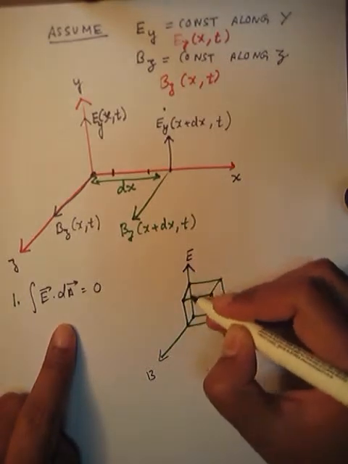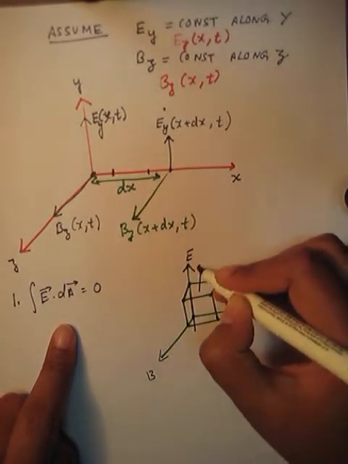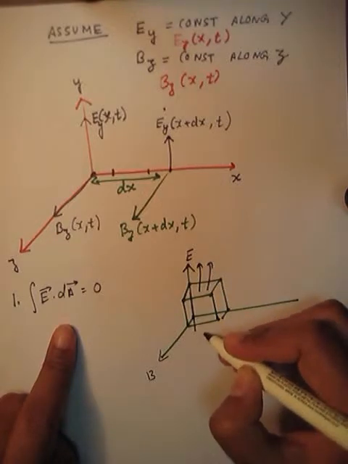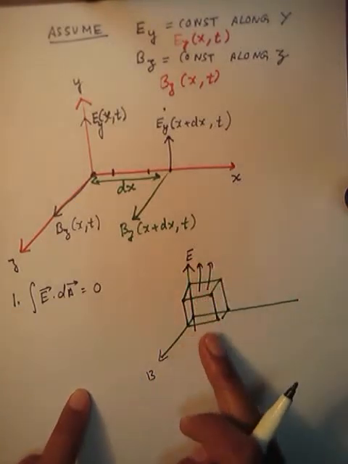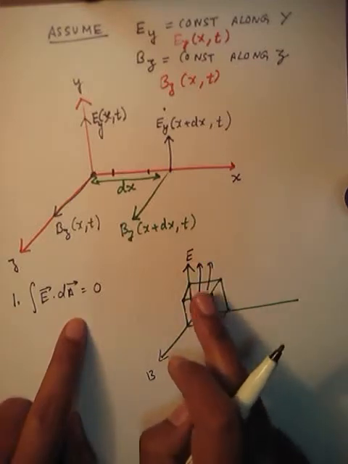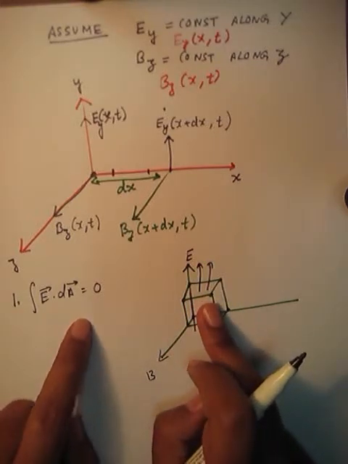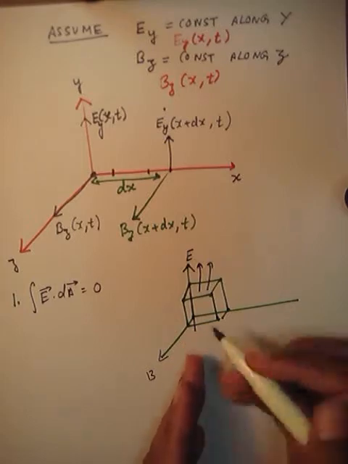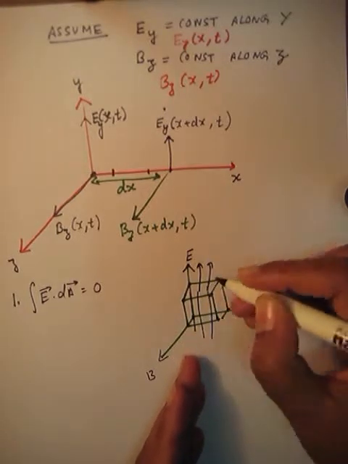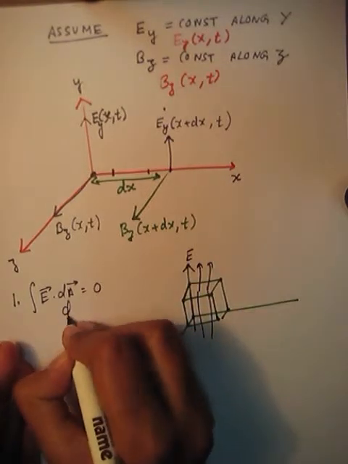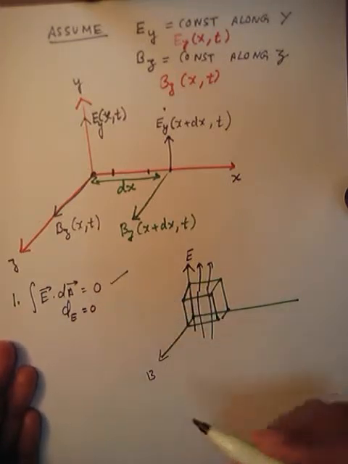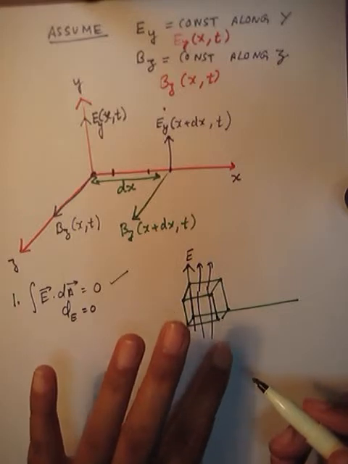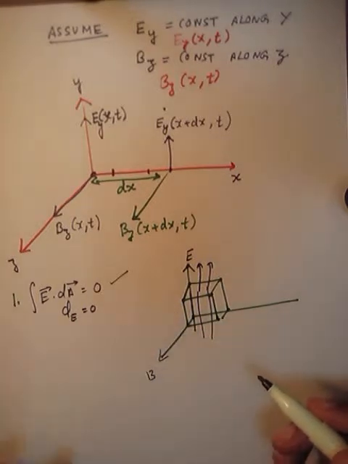Now the electric field is in this direction, so the electric field will be entering from this side and going out from the other side. So the net flux from this cube will be equal to 0 because all the lines that are passing are passing through this area. So the net electric flux will be 0. So it means that this equation is valid on this cube.